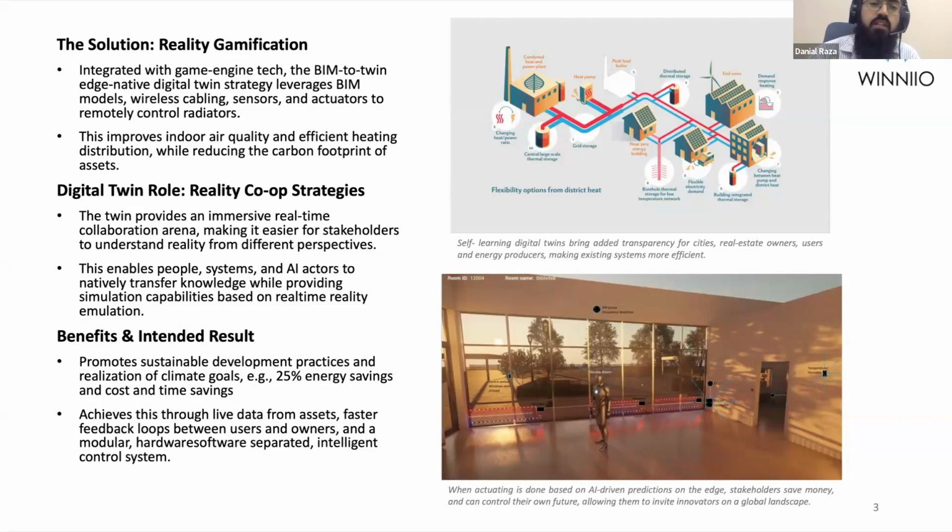That real-time data comes from the IoT sensors we have in place. When you see it in a 3D model in a visual way, it's much easier for us as humans to understand, find solutions, and make really effective strategies.